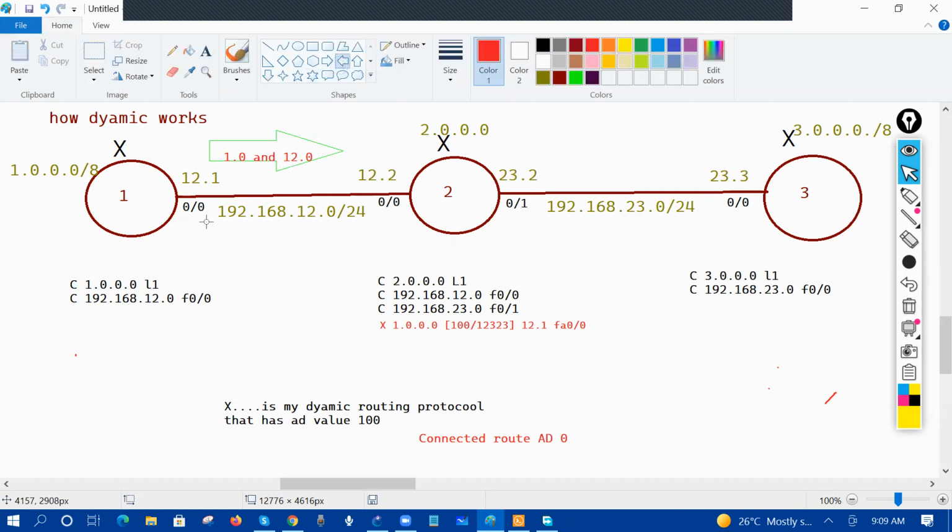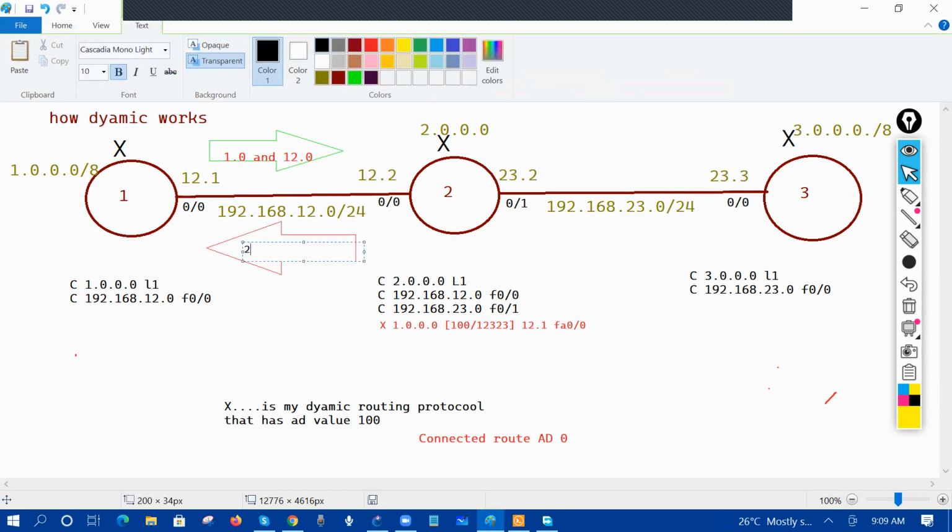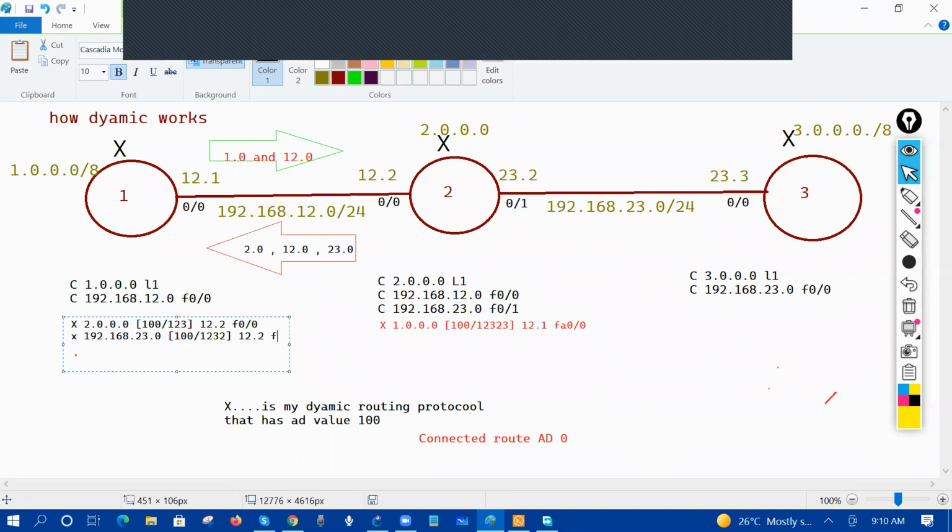Same thing, R2 is now going to share its own information with R1. Which information? 2.0, 12.0, and 23.0. R1 will say, hey, I already have 12.0 with AD 0, so I will prefer that one. For the other route, X with AD 100 and some metric, I'm learning it from 12.2 on interface 0/0.